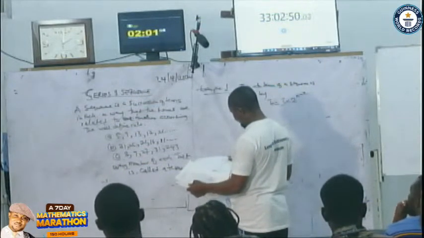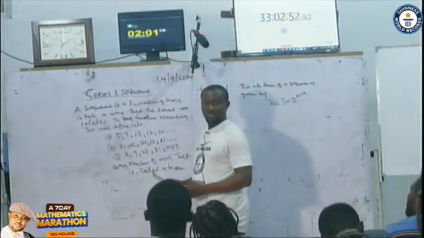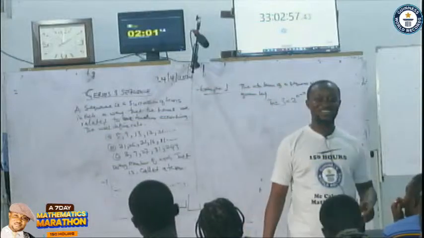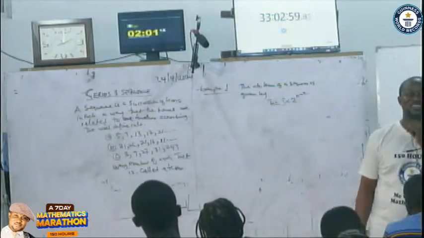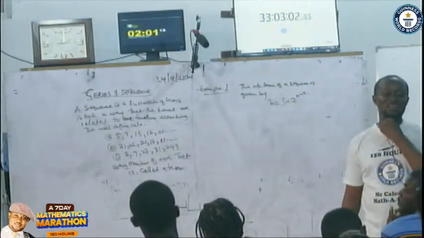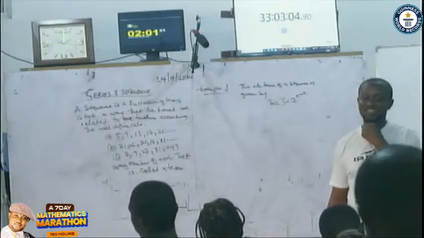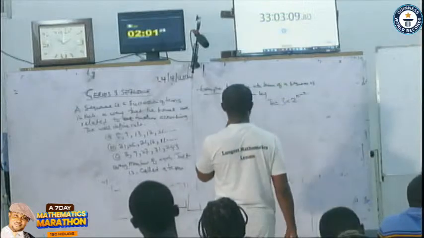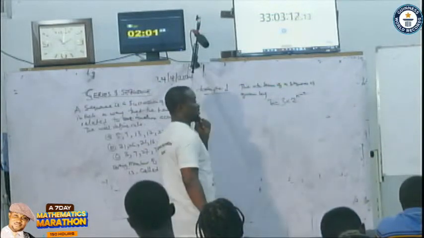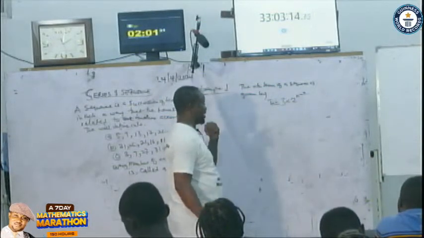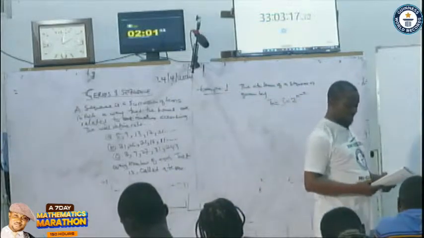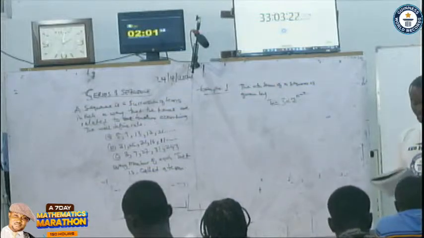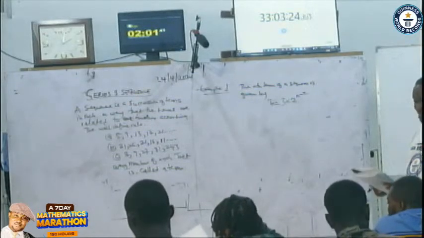Write down the first 5 terms. Now, the nth term of a sequence is given by Tn equals 3 times 2 to the power of n minus 2. It says find the first 5 terms of the sequence.